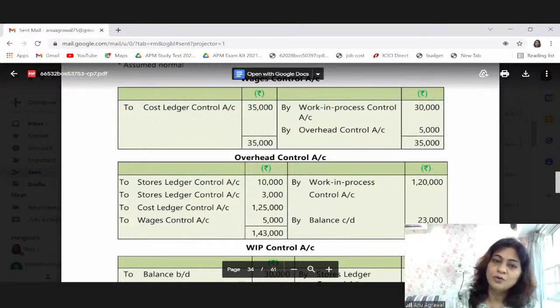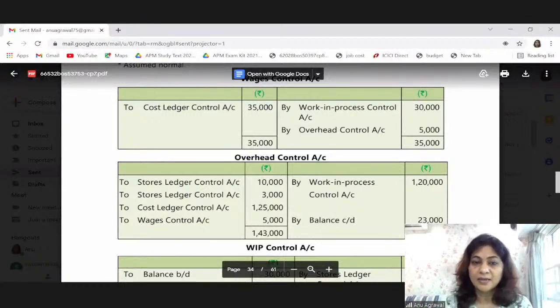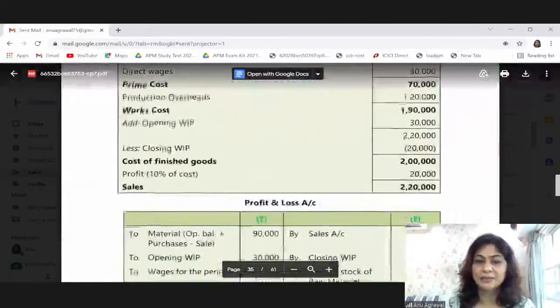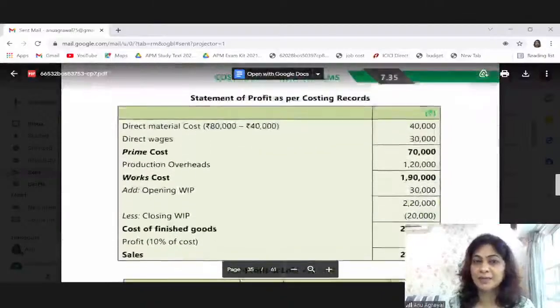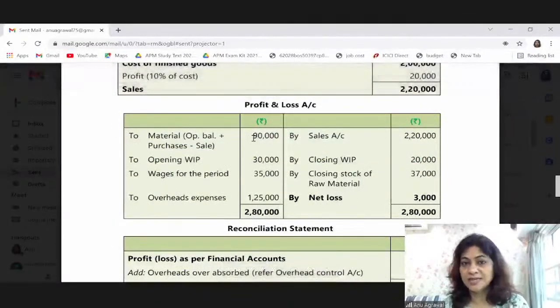So whatever over and under absorption will be there, it will be the reason for difference between cost and financial accounts. Am I clear? WIP opening closing balance is there in cost account and P&L account also. Material, how much is consumed is there, sales figure is there. So the only difference can only happen because of the overhead, no?